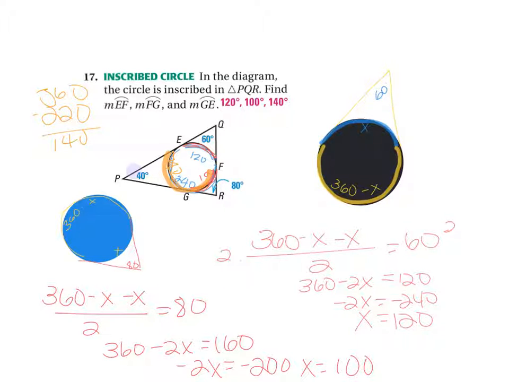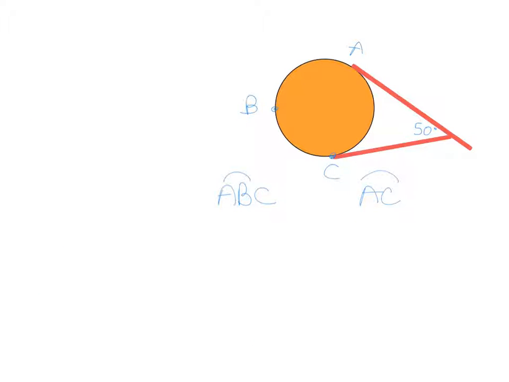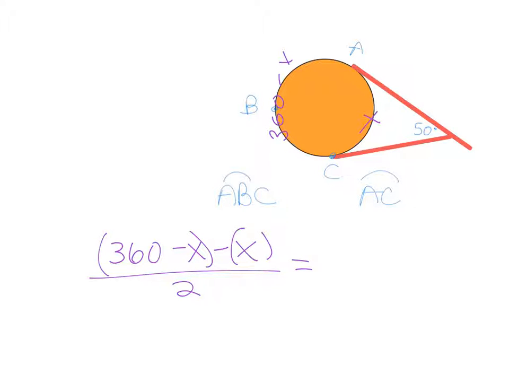That's hard. So I'll give you one that's just. Okay, most of you put it on AC? Can I assume that you did this? What's the big arc? 360 minus x, because this is big, this is little, divided by 2 equals 50, which means 360 minus 2x equals 100, because you multiply 2 on both sides.